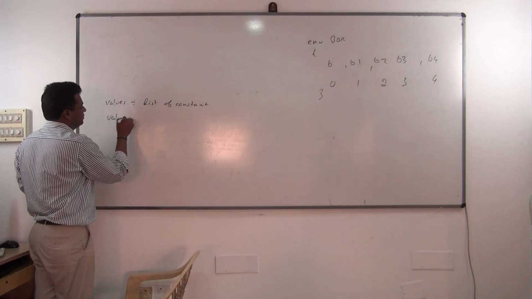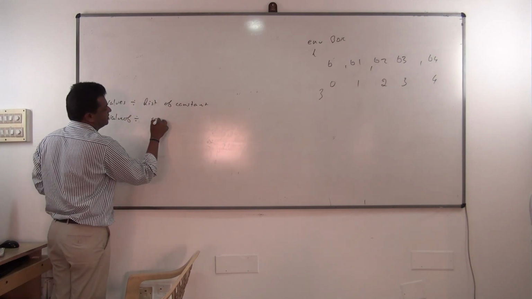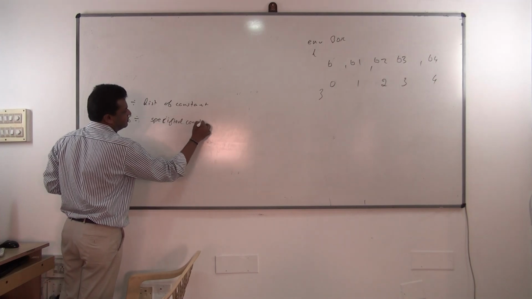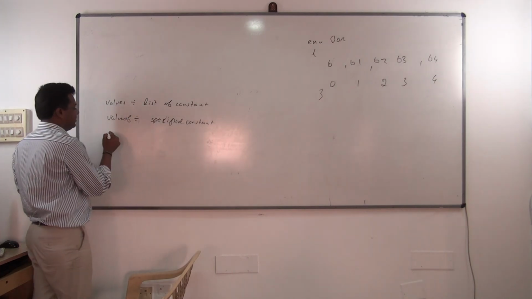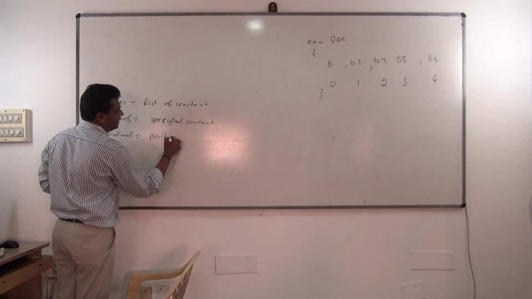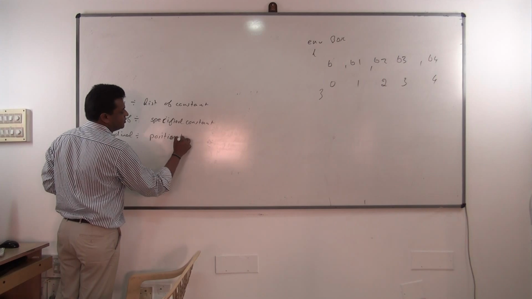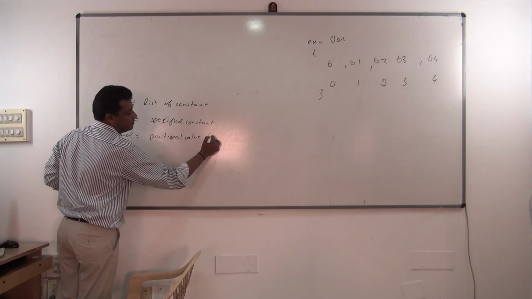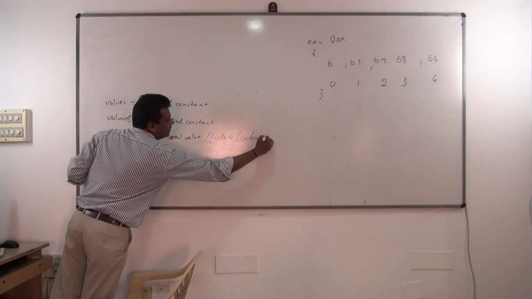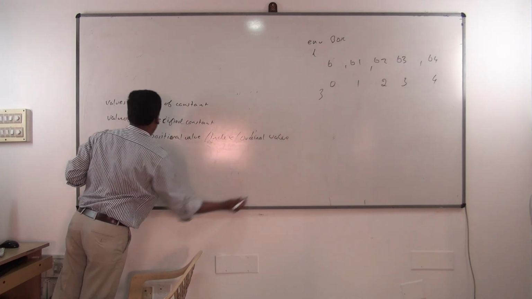Value of gives you a specified constant. And then ordinal, positional value or index or ordinal value. Anything you can say. Technically it is called as ordinal value.